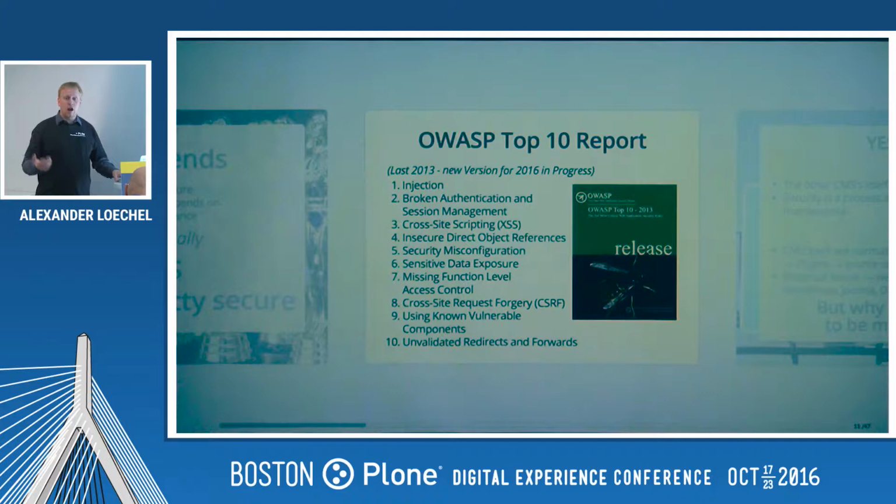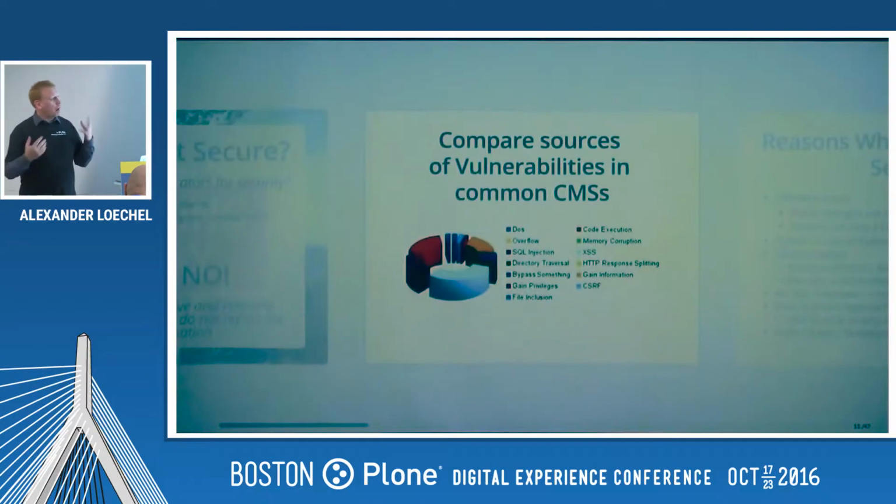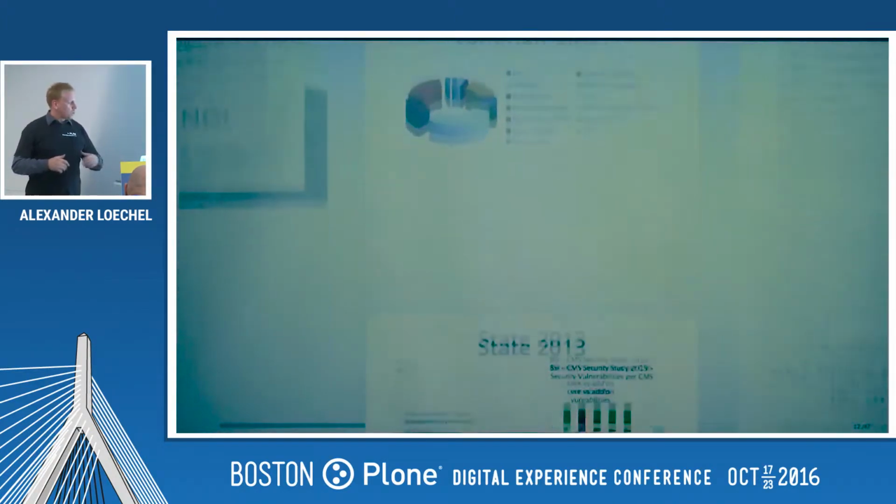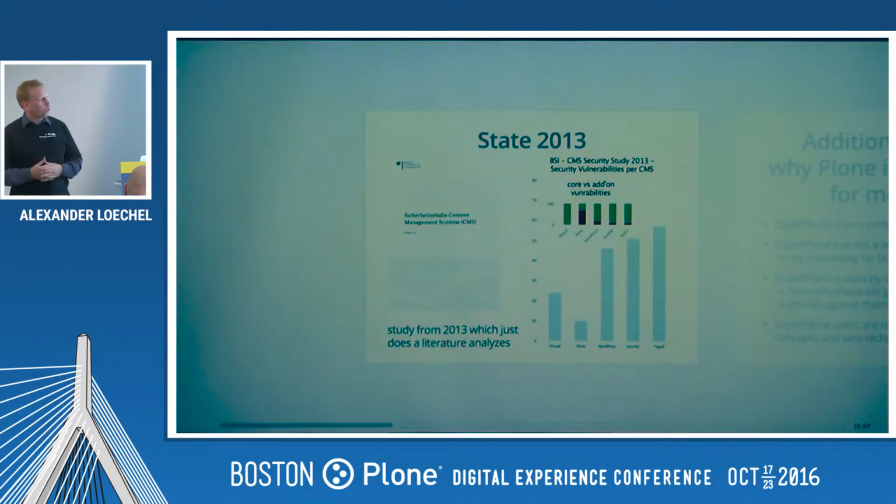And there are several studies on doing so. So there has been a study in 2013 for a few content management systems, comparing sources of vulnerabilities in common CMS. The report from 2013 is from the German BSI, which is the Federal Office of Information Security.